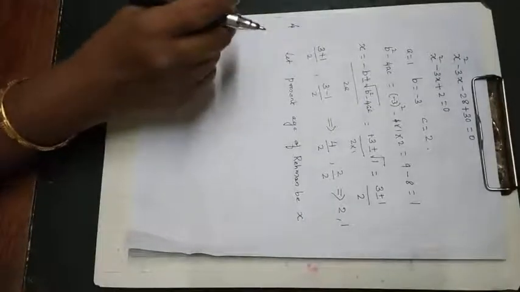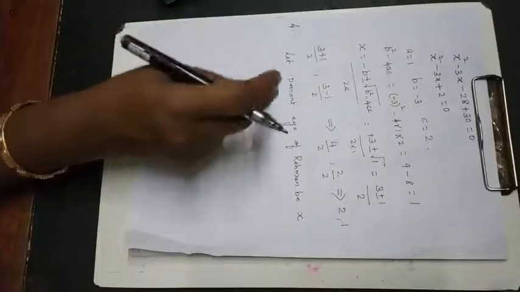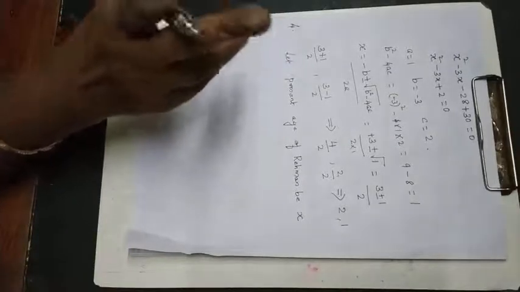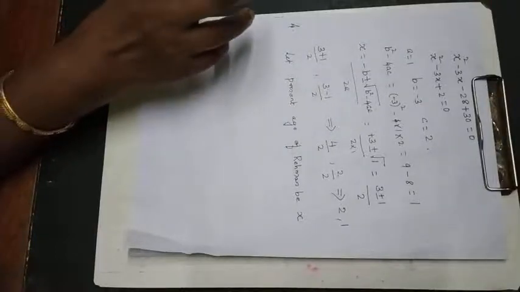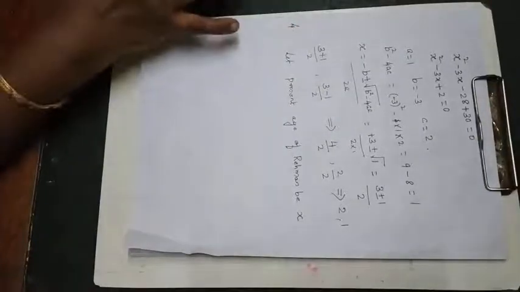So what is given? Reciprocal of Rahman's age 3 years ago. 3 years ago his age will be x minus 3.